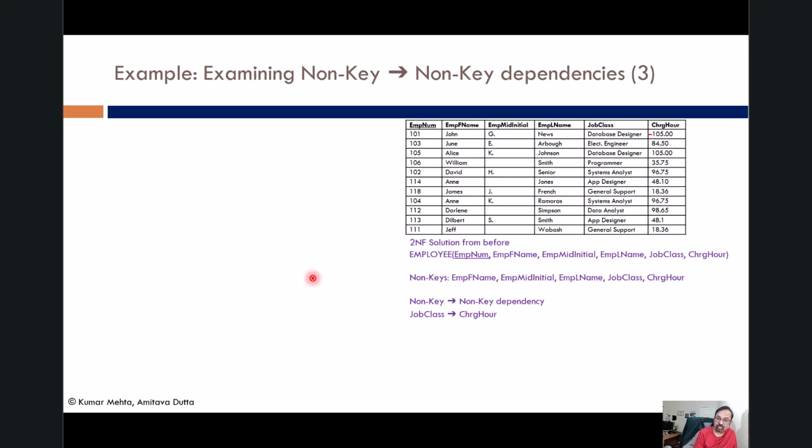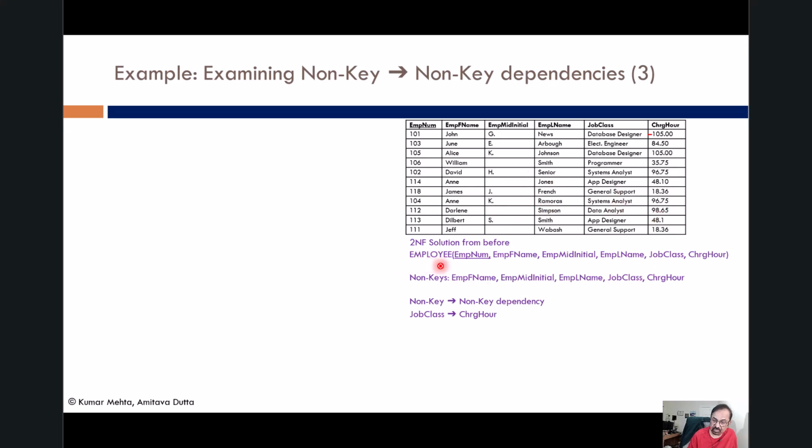So now we'll look at the employee table, and that little discussion that we had 5 minutes back tells me that this is not in third normal form. But let's look at the functional dependencies over here. So if we parse out the details, here's the table in second normal form. There are 6 columns.